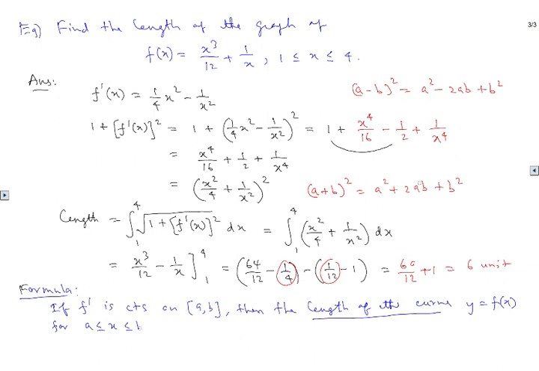That means you can start with a to b. The length L is simply the integral from a to b of the square root of 1 plus f prime x squared, dx, or in other words, the integral from a to b of the square root of 1 plus (dy over dx) squared, dx.